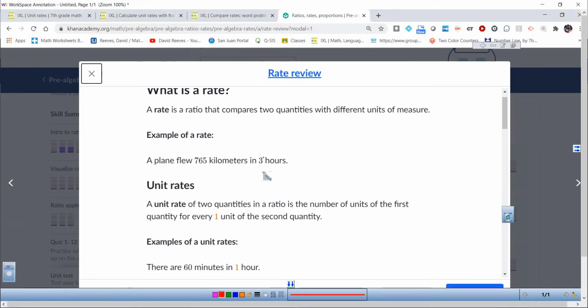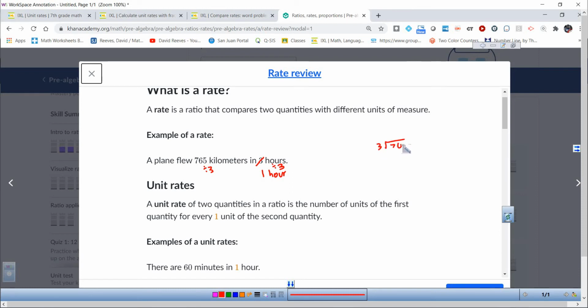But if we can make this into a 1 hour, then it would be a unit rate. Of course, that would change the rate if we wanted it to be equivalent, right? Well, what did we have to do? We had to divide that by 3, so then we would divide 765 by 3, and then we could change that to a unit rate.